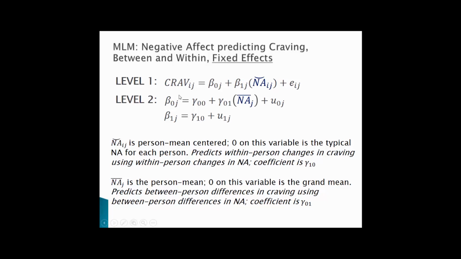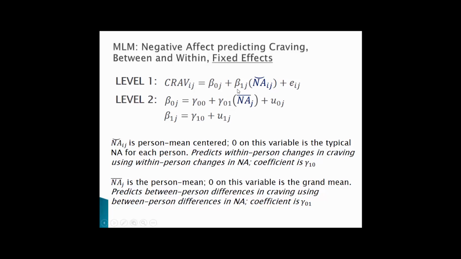And that mean for that person is a function of the mean craving for the sample, that's the gamma 0, 0, plus the effect of their average negative mood. So if there's a positive relationship, their average craving will be higher if their average negative mood is also higher.